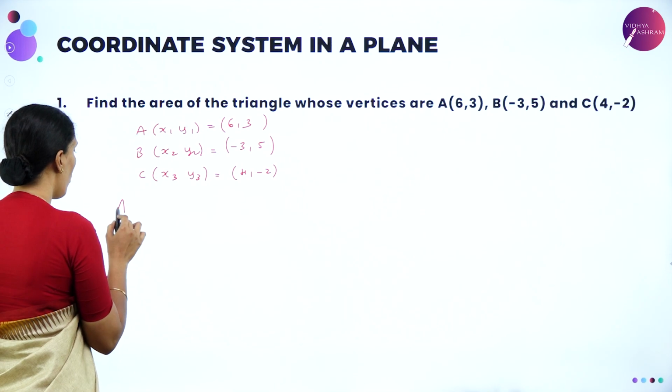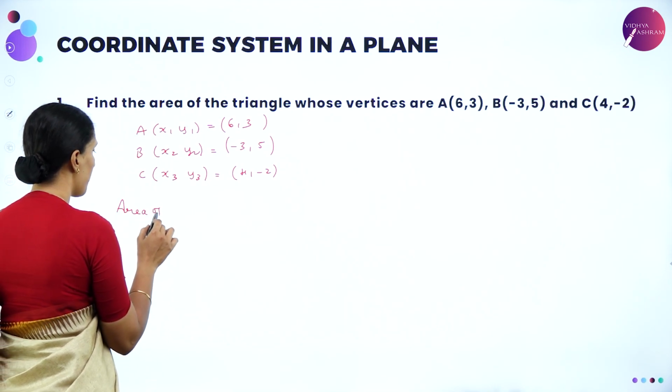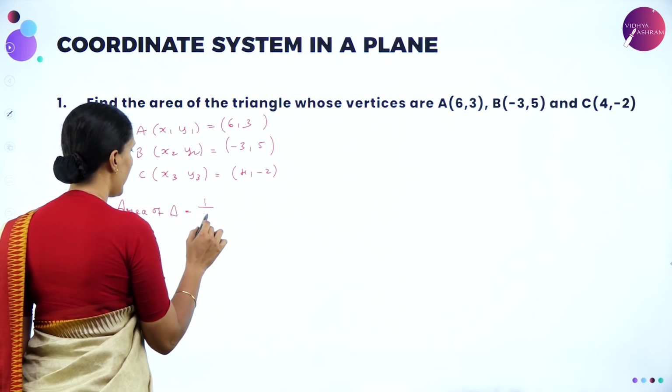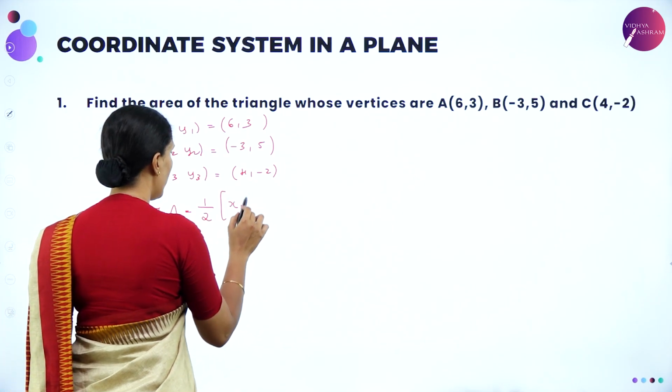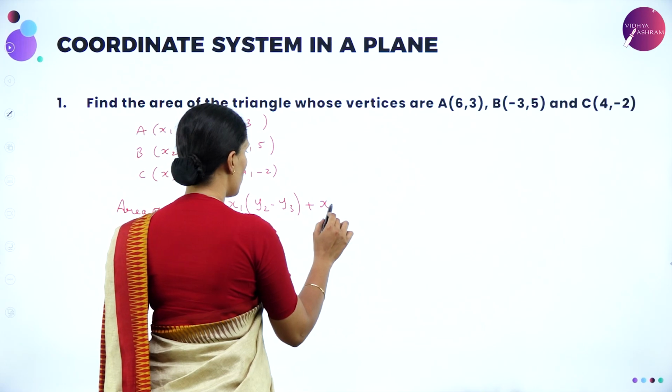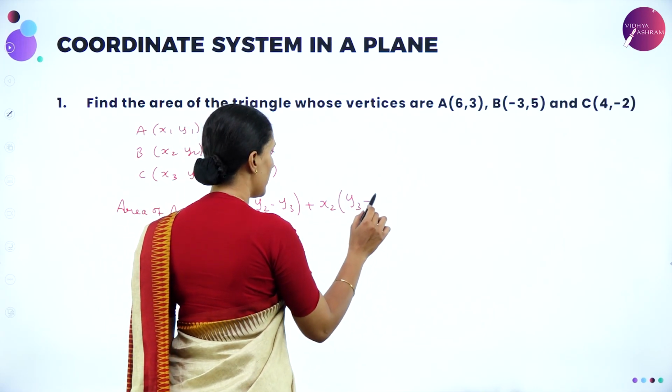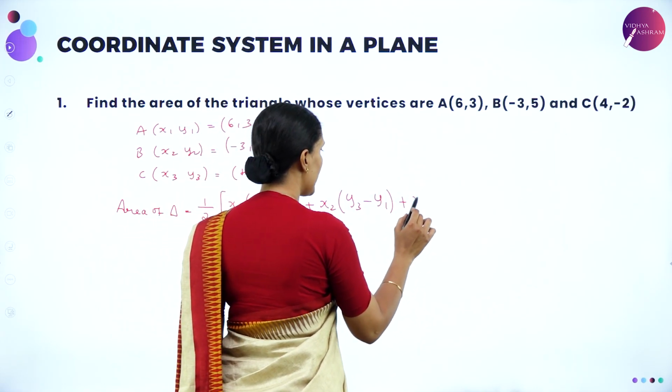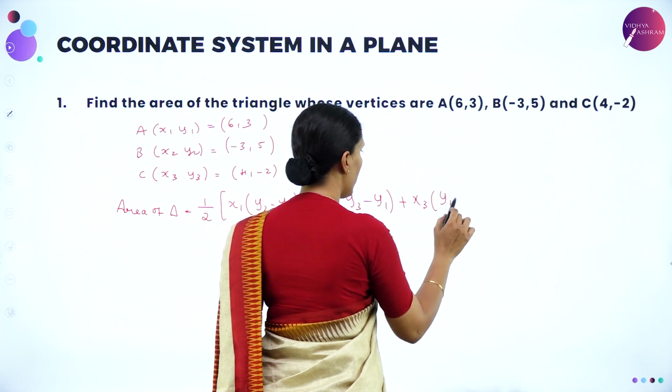Now the area of a triangle is half into x1 (y2 minus y3) plus x2 (y3 minus y1) plus x3 (y1 minus y2).